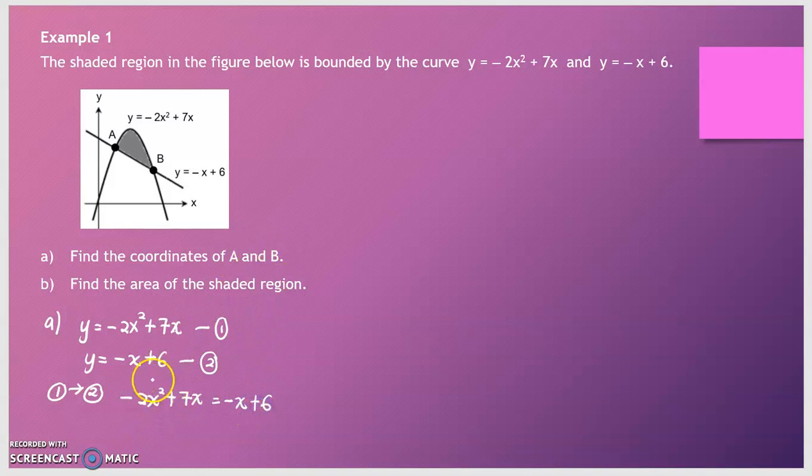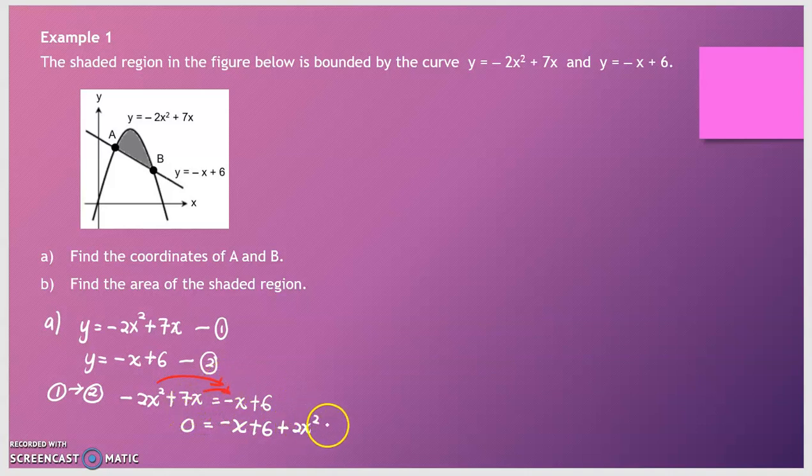So next, I will move negative 2x squared and 7x to the right hand side. So on our left hand side, this one will become 0 is equal to negative x plus 6. From negative 2x squared now will become positive 2x squared. From here is positive 7x.